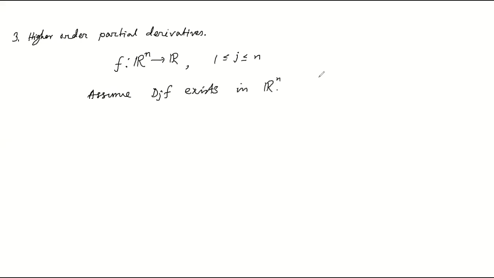That is, for every point A in R^n, the jth partial derivative of f at the point A exists. Then d_j f is a function from R^n to R, where x maps to d_j f at the point x. So this is again a function.